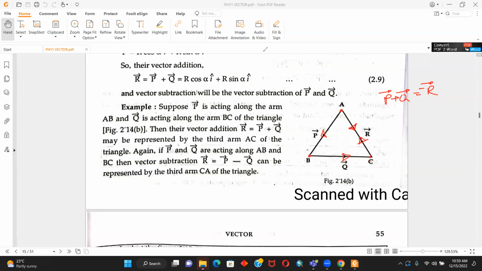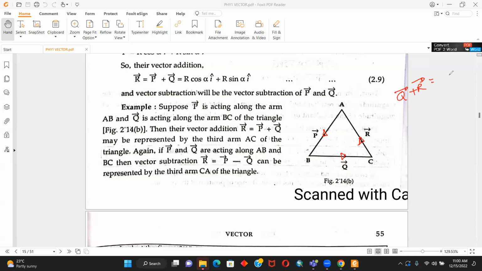Now say for instance, tell me what will be the value for q vector plus r vector. Let me show you the directions as well. This is q vector and this is r vector, and this is p vector already given. So q vector plus r vector will be equal to, represent it with p.